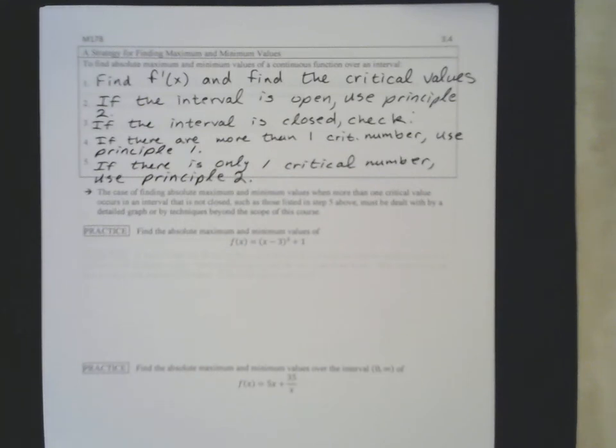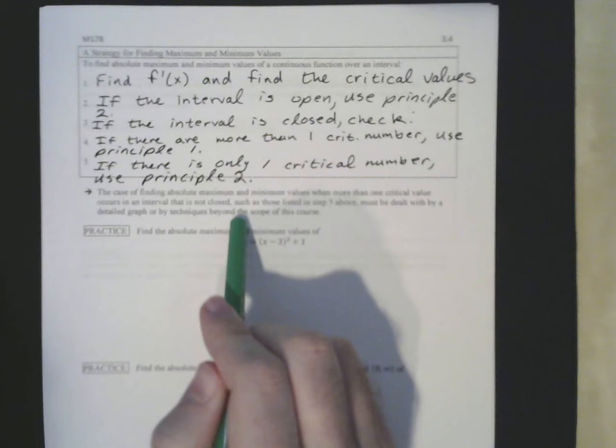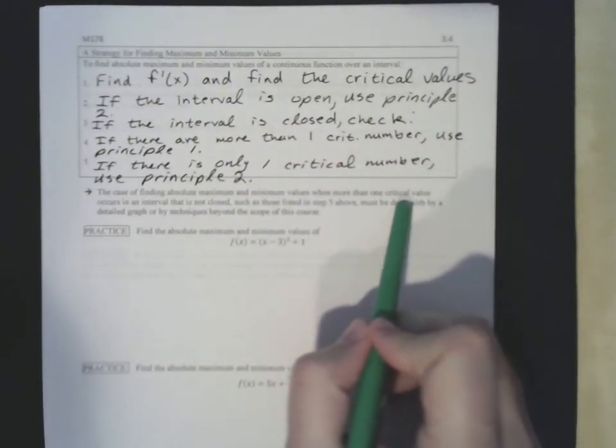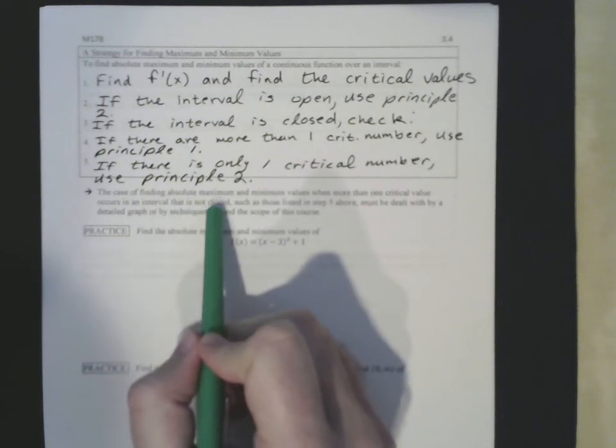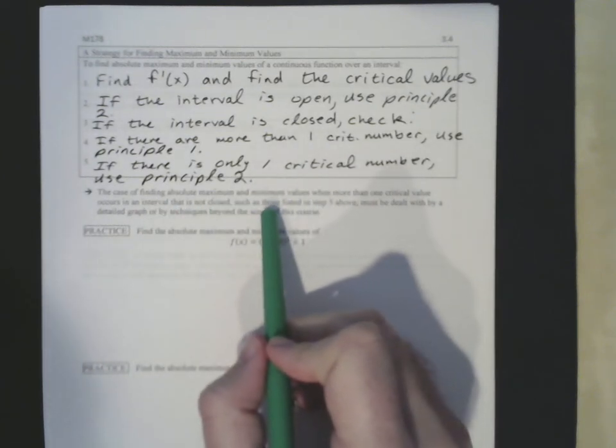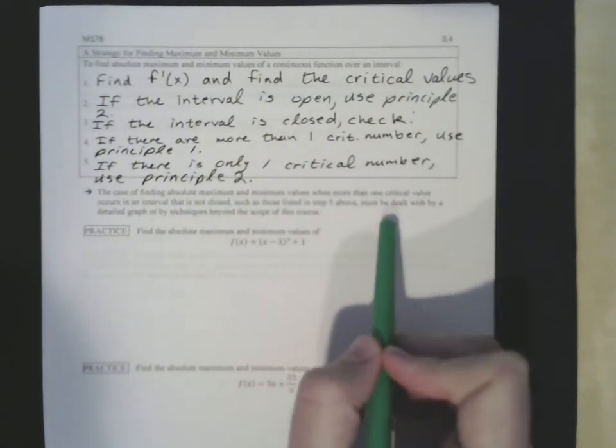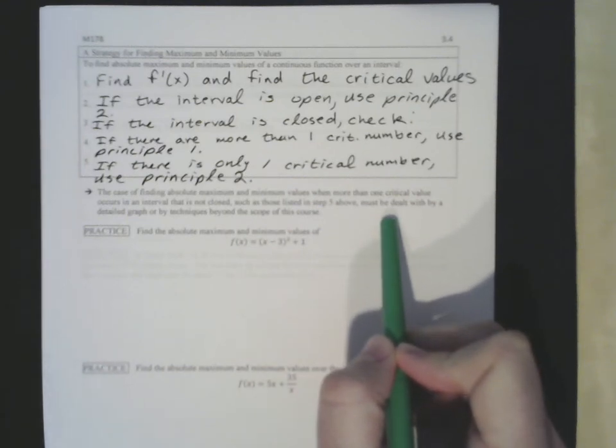So in the case of finding absolute maxes and mins, when more than one critical value occurs in an open interval, such as those listed in step 5, it's dealt with by a detailed graph or by techniques beyond what we do in this class.